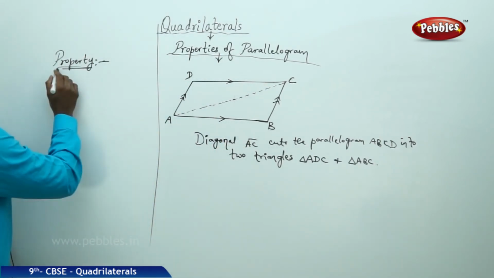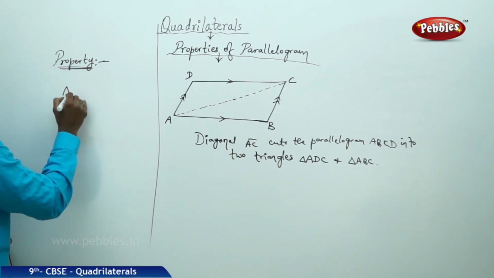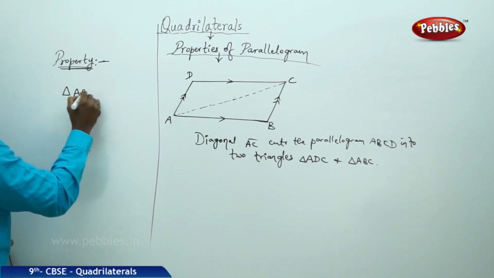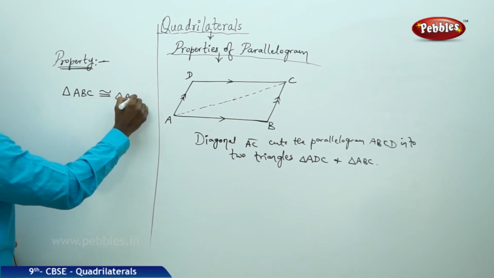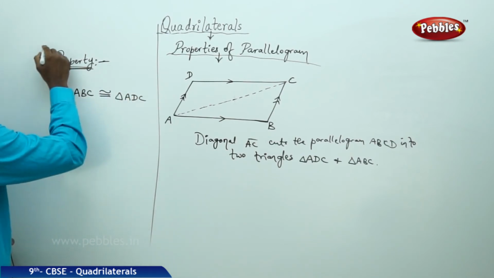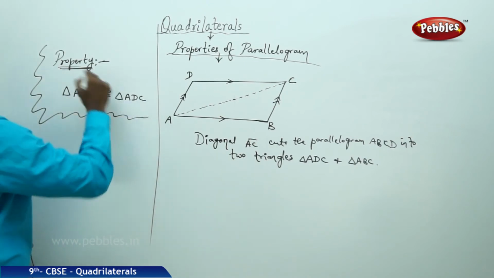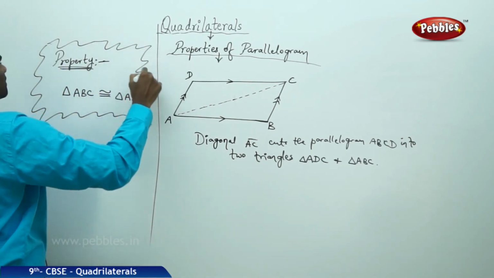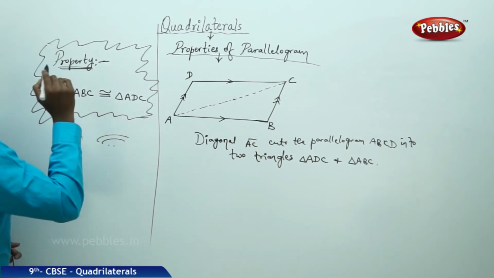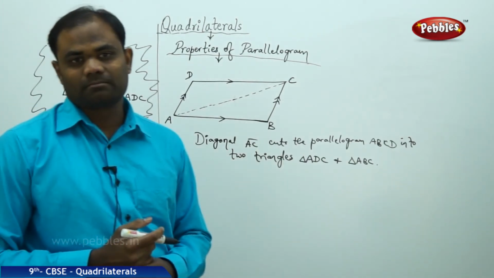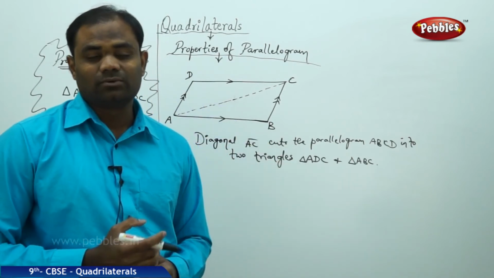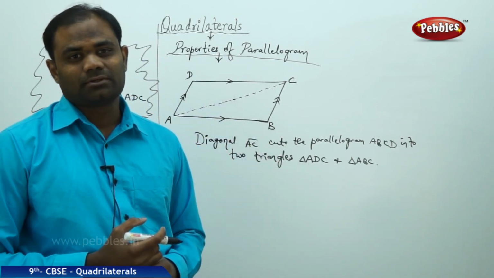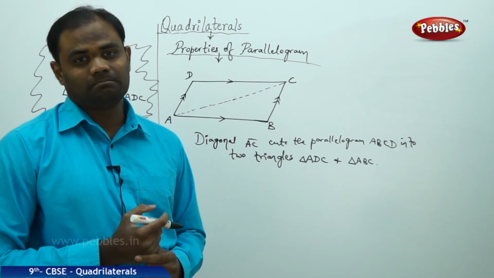That is, the property is triangle ABC is congruent to triangle ADC. When two triangles are formed by the diagonal, the two triangles are always congruent in a parallelogram.